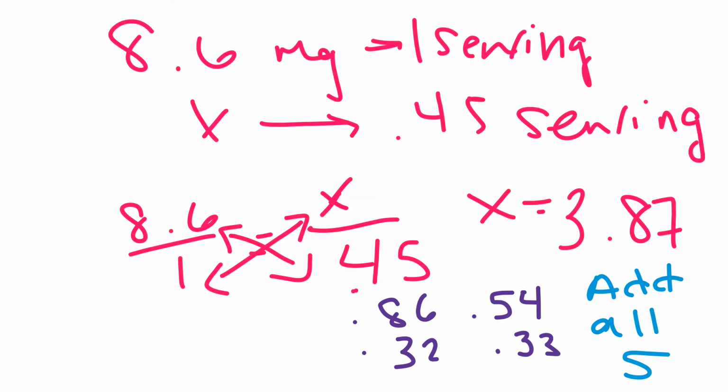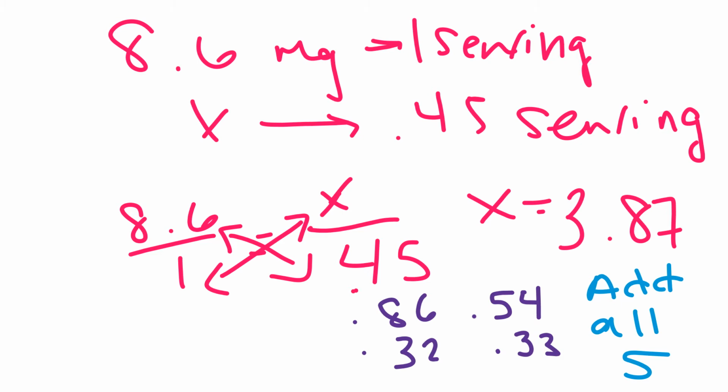Okay, on to the last one for this page. Basically, you know that 8.6 milligrams is going to be for one serving. So for instance, for this first one, her name was Suki. She ate 0.5 servings, but you want to figure out how many milligrams that is for that one serving.